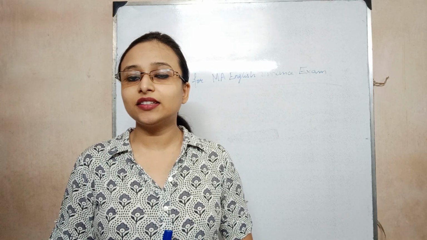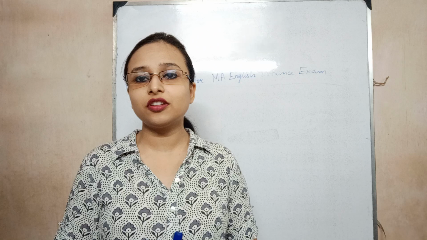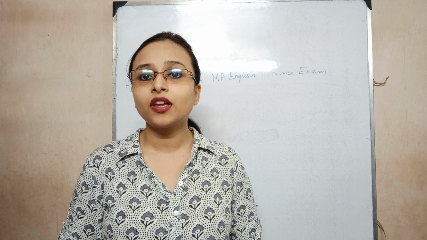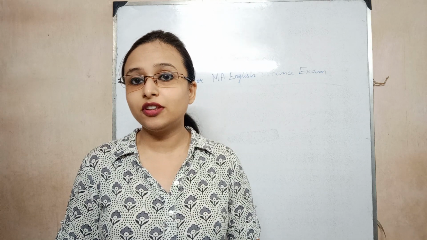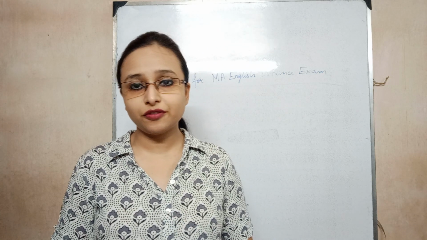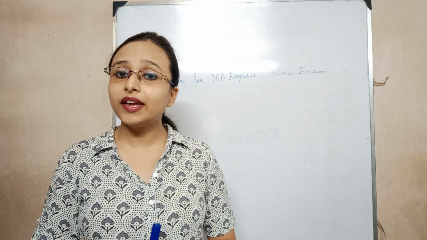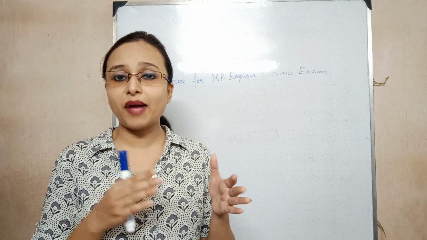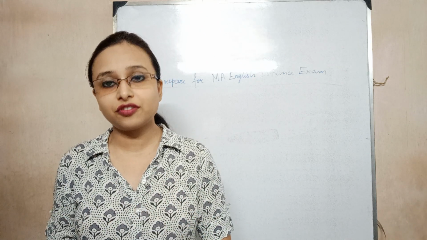Then it discusses the social and historical events of that era, how the French Revolution affected English society in that period, and how England was transitioning from an agricultural to an industrial society.